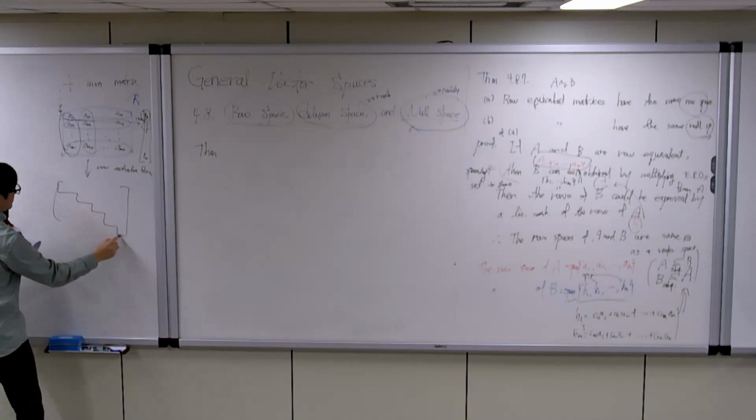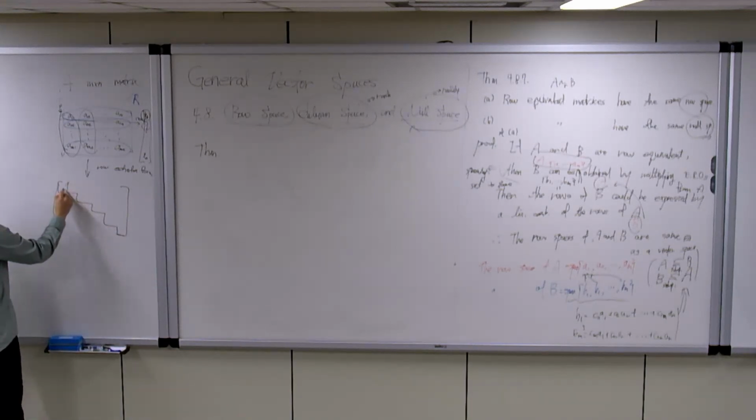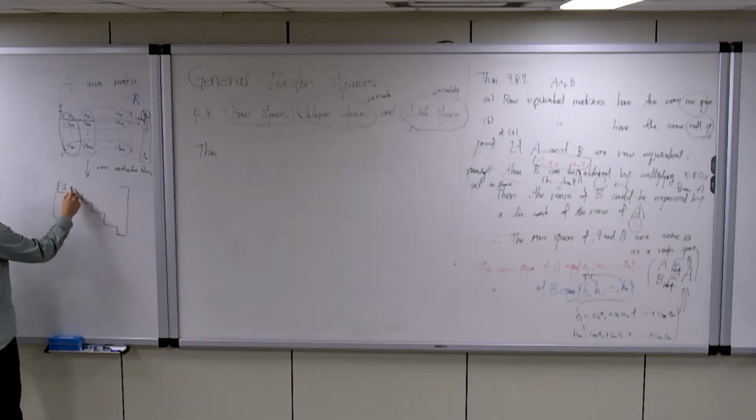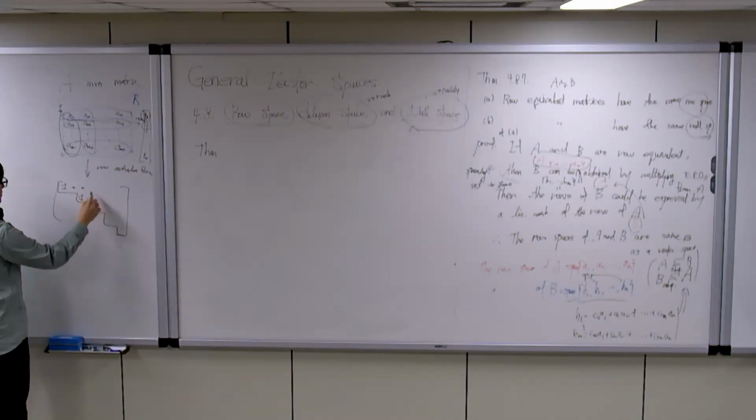When you see just the row echelon form, it is noted like a staircase. Here is nonzero, one, something, here is zero, one, something, like this form.